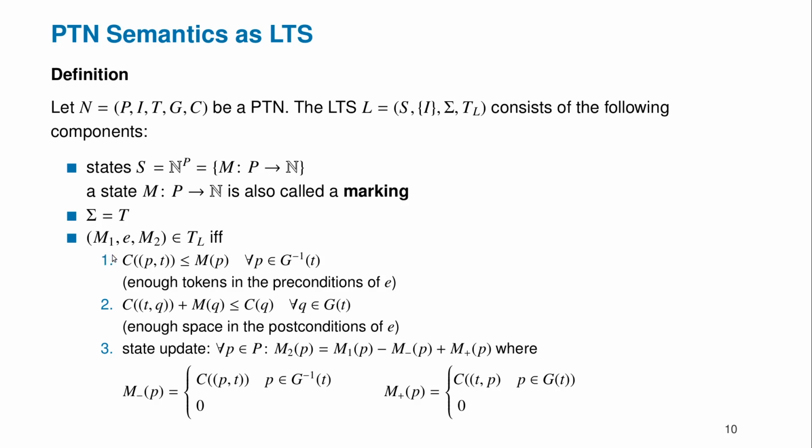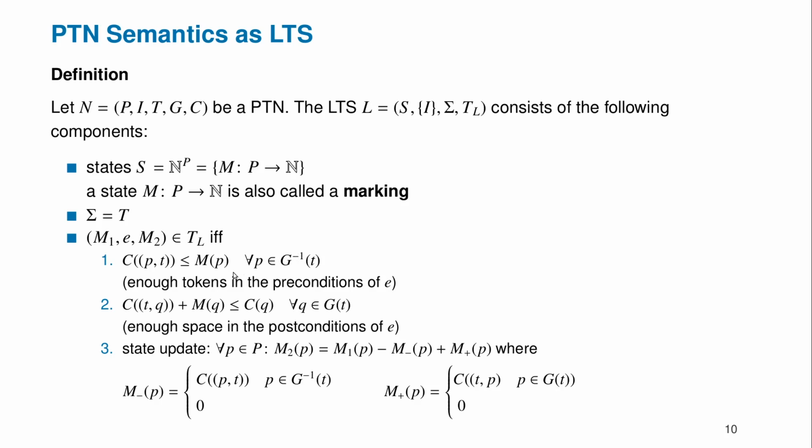Here we can do a transition from a marking M1 with a firing event E to a marking M2 if and only if, first of all, there are enough tokens in the preconditions. We have again this G^-1, which gives us the precondition places of a transition.